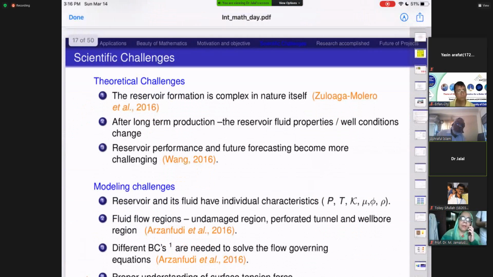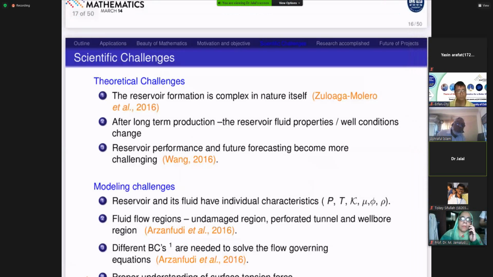To do all these things is not easy. So we have some scientific challenges. What are they? We have a theoretical challenge, and we have a modeling challenge. In the theoretical challenge, if I consider oil reservoir simulation, an oil reservoir is not very simple, it is complex in nature by itself. Also, after long-term production, the properties of the reservoir change.